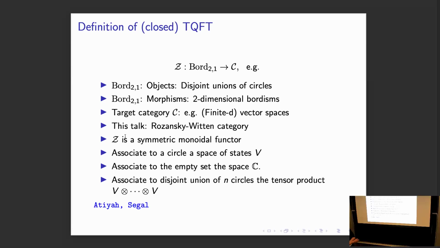If it's the vector space category, then it's just the field, here the complex numbers. That's what I would associate to the empty set on the bordism side, and then to disjoint unions of n circles. So the monoidal structure on this side gets mapped to the monoidal structure on the other.